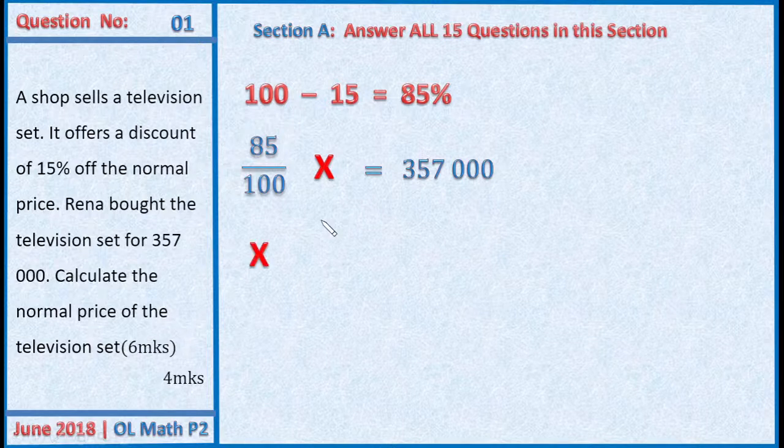From here we can solve for x, and x will be equal to 357,000 times 100 divided by 85.